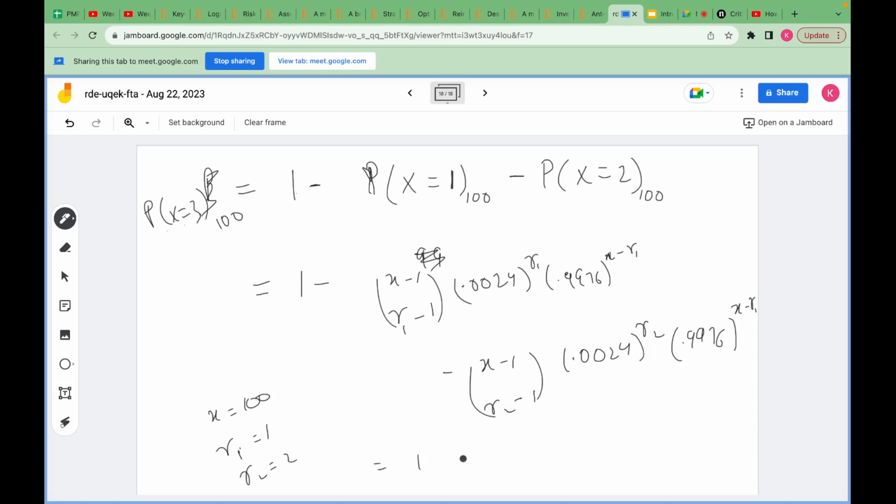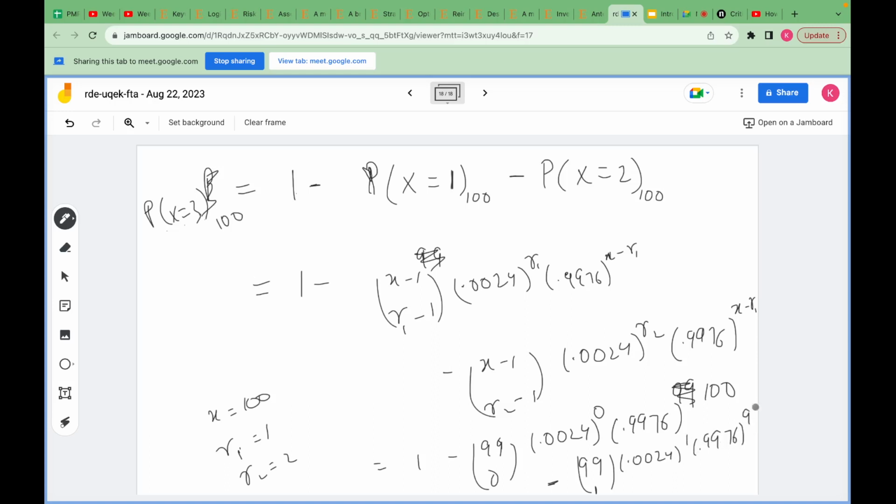So we put this in the formula, we will get 0.0024 to the power 0, 0.9976 to the power 100, minus 99 C1, 0.0024 to the power 1, 0.9976 to the power 99.